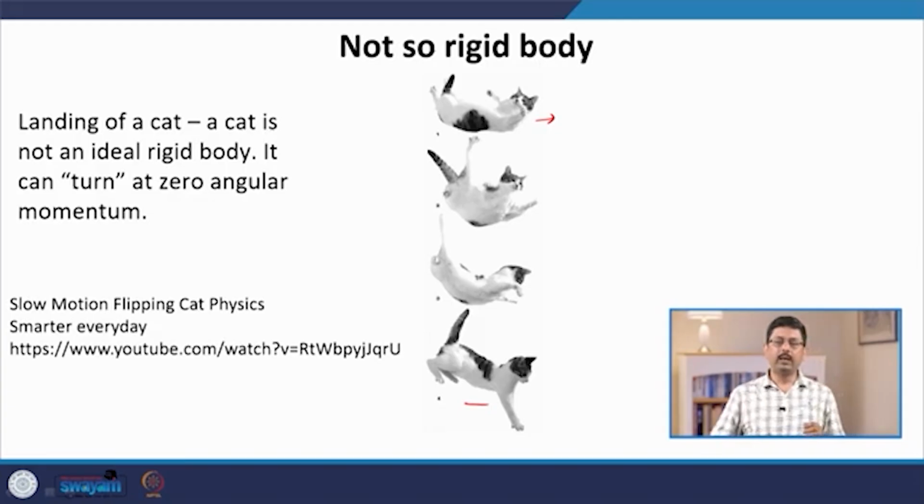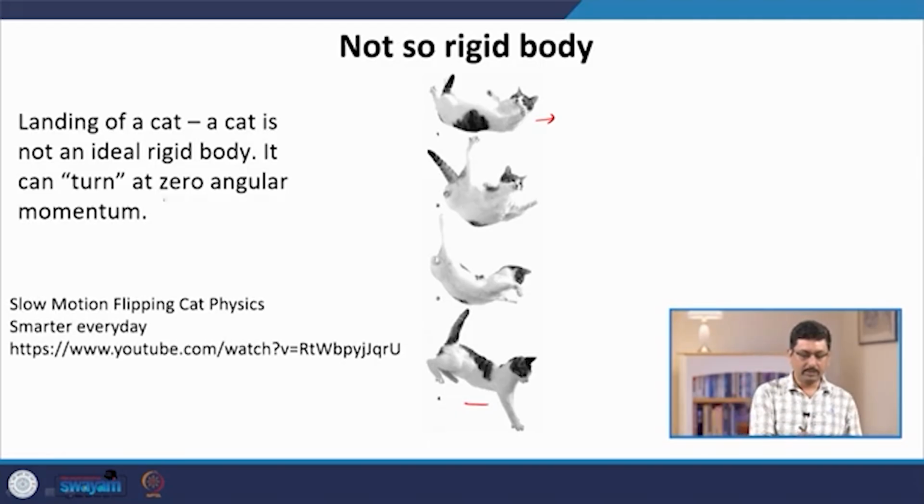So, the puzzle in this case is that if you release the cat from rest, then its angular momentum is zero, it is not rotating. If the cat was a perfectly rigid body, then it would be impossible to turn itself. But the cat is actually not a perfectly rigid body, it is an elastic body and different parts can deform with respect to each other.